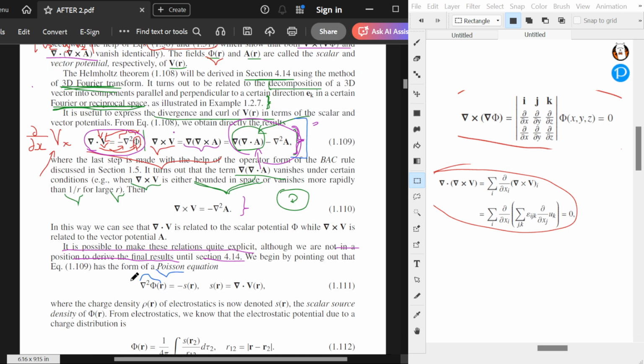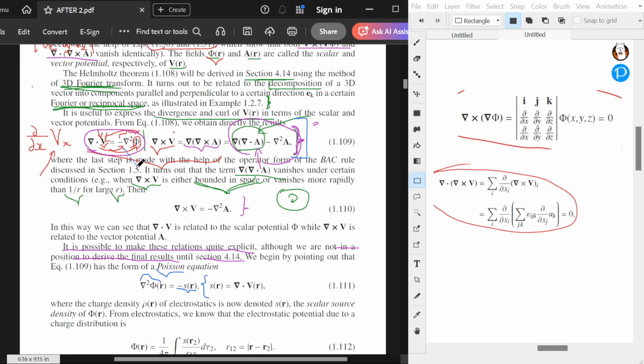We begin by pointing out that the del squared of the scalar potential equals minus S of R. What is S? Well, they're going to tell me, where S is the divergence of V.